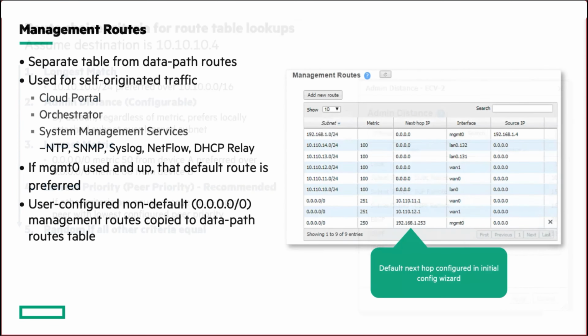And the last thing I want to talk about is management routes. Each appliance maintains a management route table for self-originated traffic, like connections to the cloud portal, or NTP, or SNMP. Any static routes you add to the management routes table, except for default routes consisting of all zeros, are also copied to the data path route table.